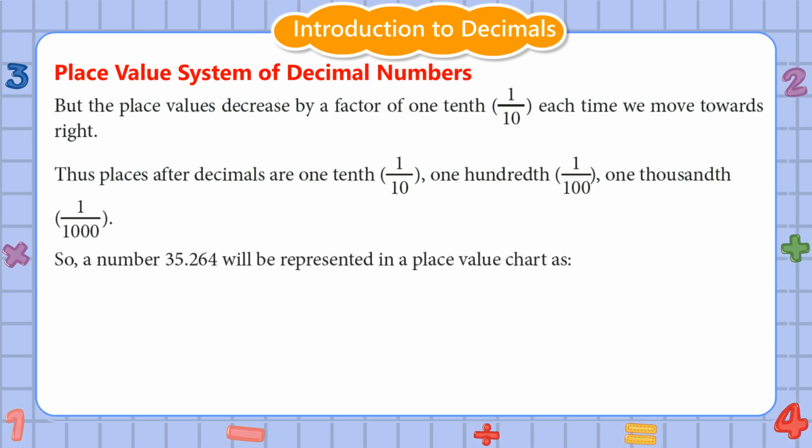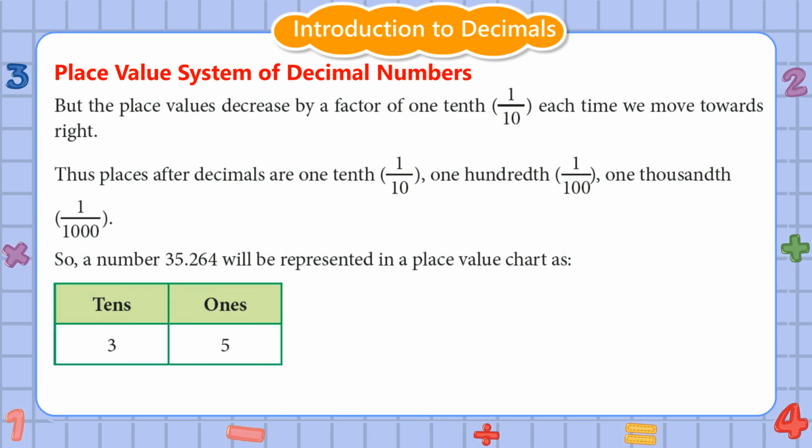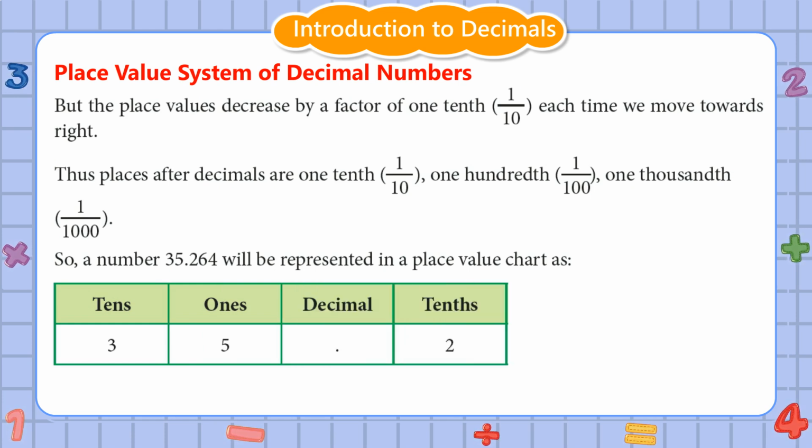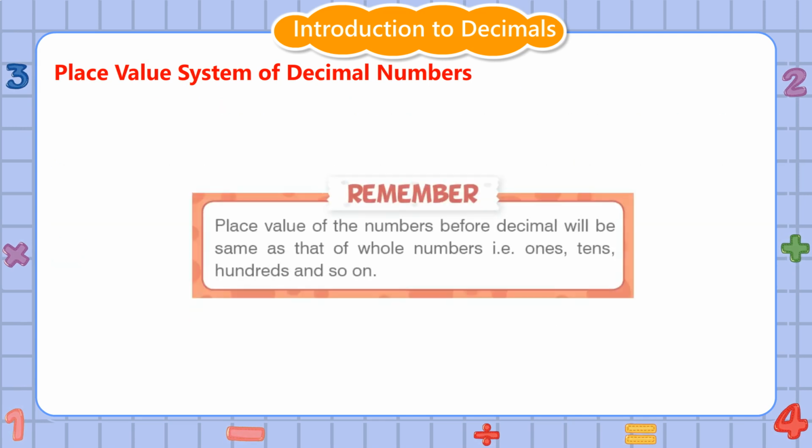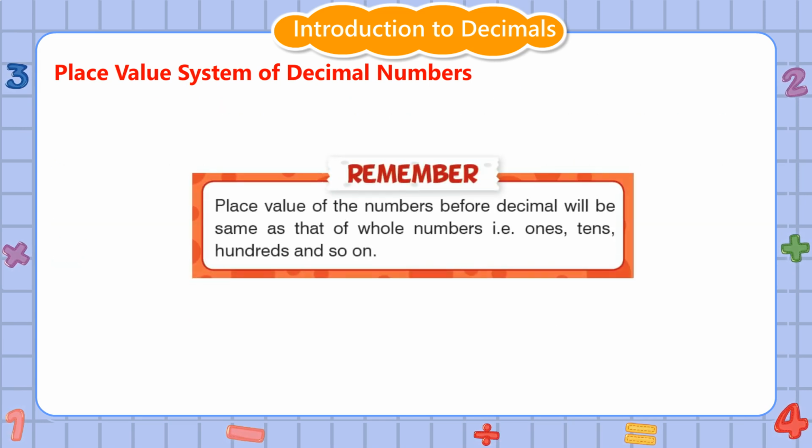So, a number 35.264 will be represented in a place value chart as 3 at 10's place, 5 at 1's place, 2 at tenths place, 6 at hundredths place, 4 at thousandths place. Remember, the place value of the numbers before the decimal will be the same as that of whole numbers, that is, ones, tens, hundreds, and so on.